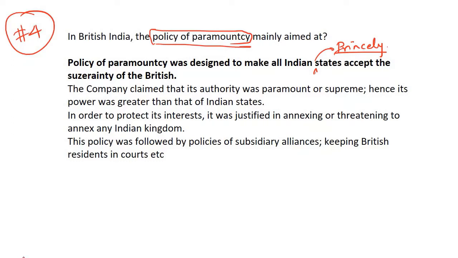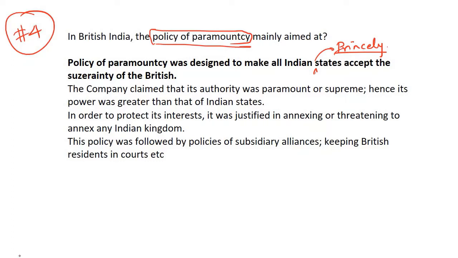तो सुनने में तो बड़ा ही trivial लग सकता है कि हाँ paramountcy तो यही होगा कि dominant, but यहाँ पर basically ये देखिए कि it was about asserting their dominance over the princely states, over the Indian states, and making them accept their suzerainty. Okay.